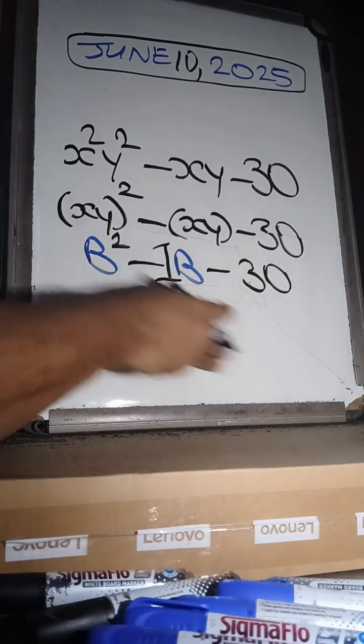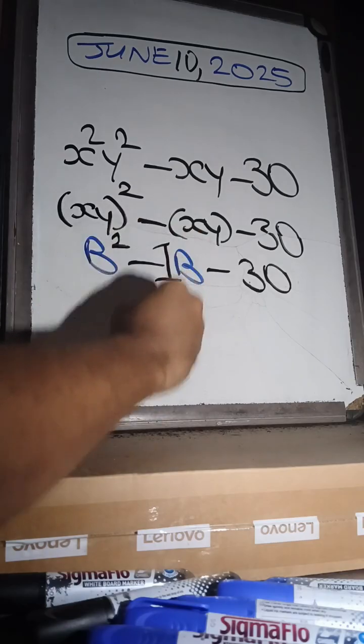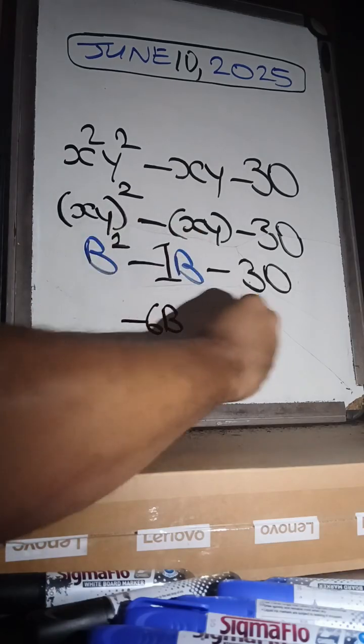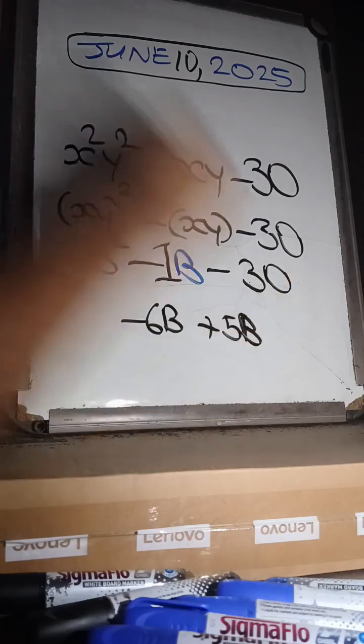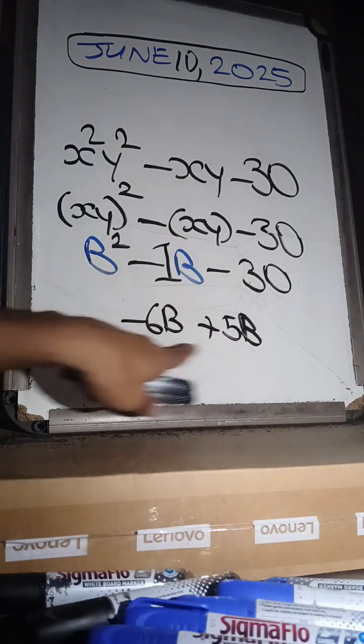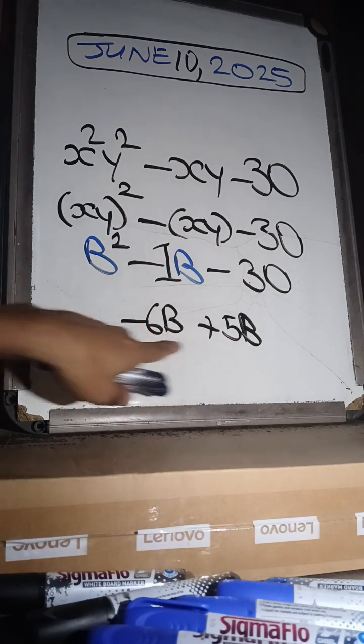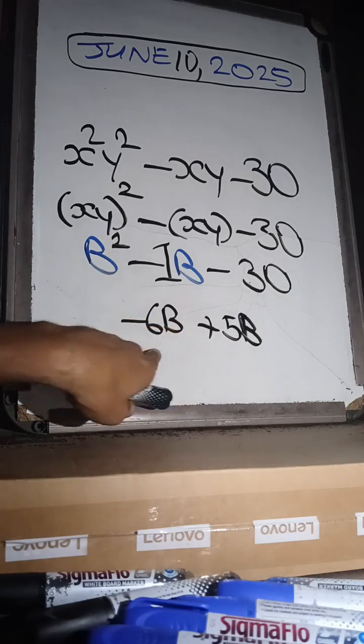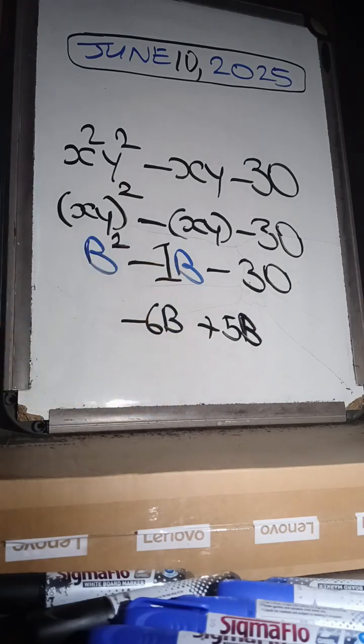you would be using a minus 6b and a plus 5b. Right? Because if I owe you $6, but I give you 5, I have 1 left to give you. Just so that we have a practical idea of what that is.